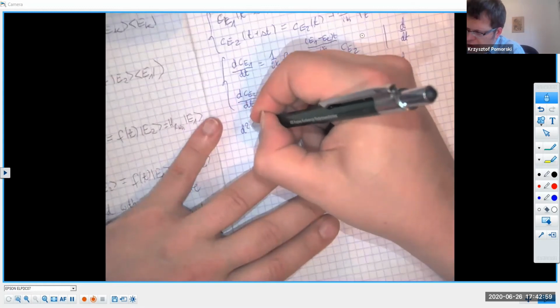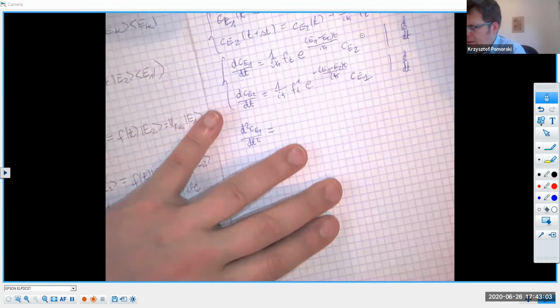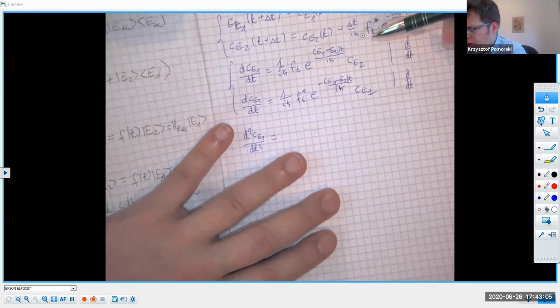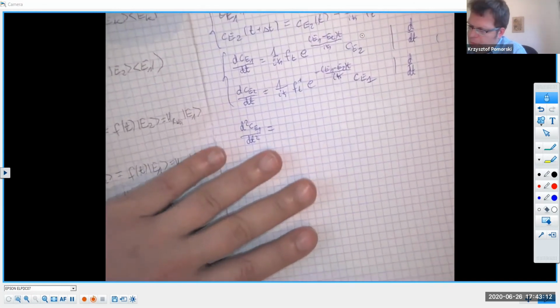So this square is d squared C1 over dt squared, and then first I act on this guy. So let's say f t is constant, just for simplicity.